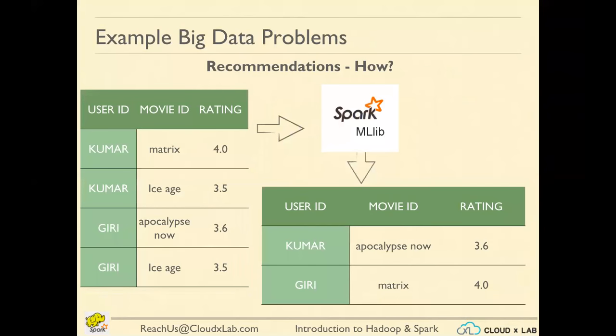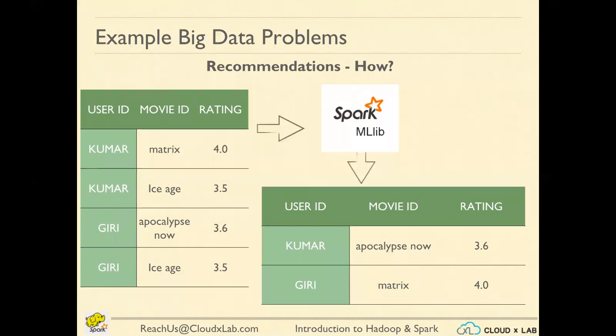Now, an example of how recommendation works. Recommendation systems work by first preparing the user definition, movie definition, and the ratings, and then using a system like Spark MLlib to give the result in the form of user ID, movie ID, and ratings. These systems find which users are similar to each other, and then using a library such as Spark, they can give recommendations based on the past history of users and the similarity of users.